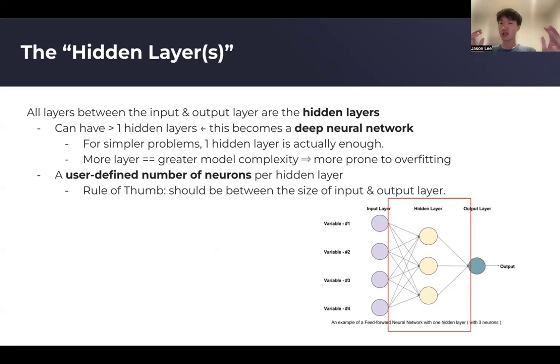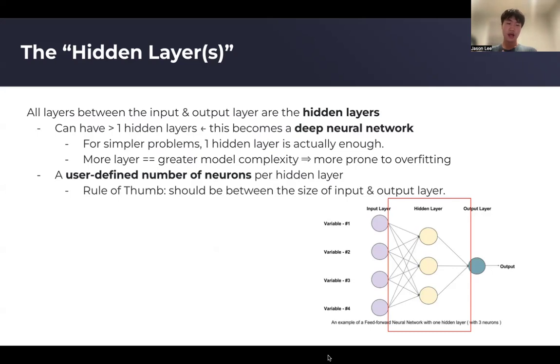And arbitrarily adding more layers is not necessarily better because this comes with the cost of greater model complexity, which, as we covered last time regarding the bias-variance trade-off, a more complex model is usually not the best for our model.